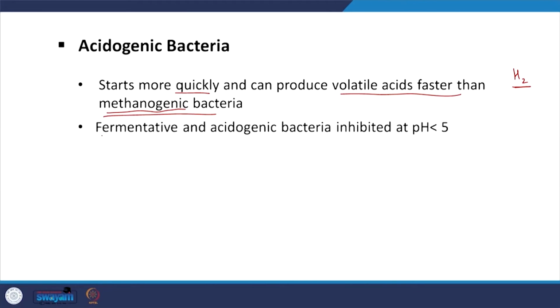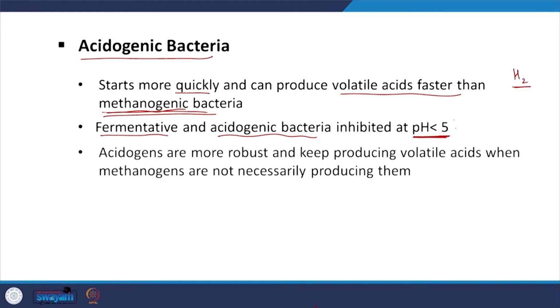One aspect to note is that, as I mentioned earlier, fermentative and acidogenic bacteria are inhibited, but the inhibition occurs at much lower pH than the pH at which methanogenic bacteria are inhibited, which is at around 6.5. But let me not digress. The acidogenic bacteria which take care of acidogenesis are inhibited at pH 5 or less.